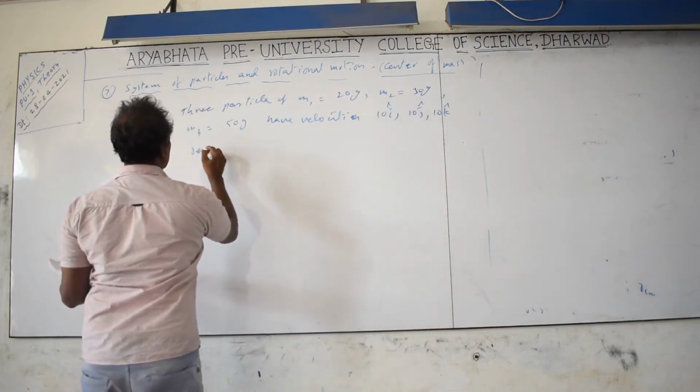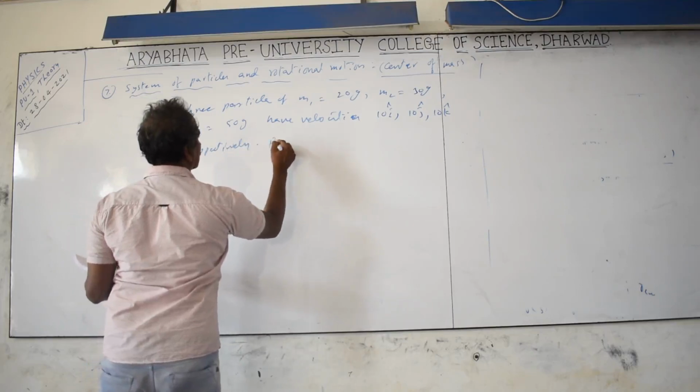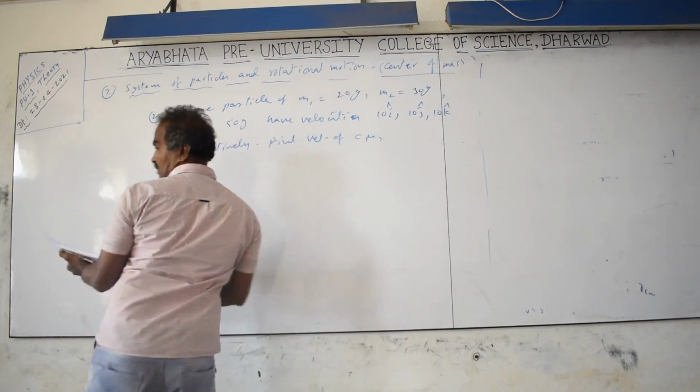They are given in terms of vectors. Find the velocity of the center of mass.